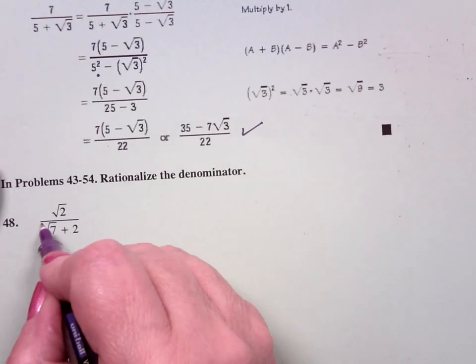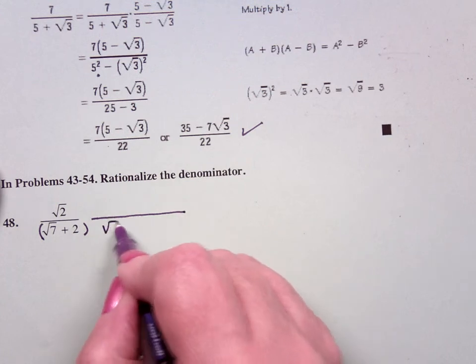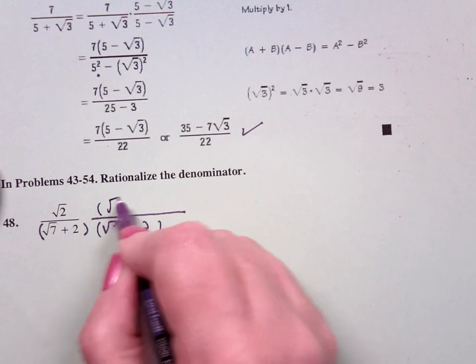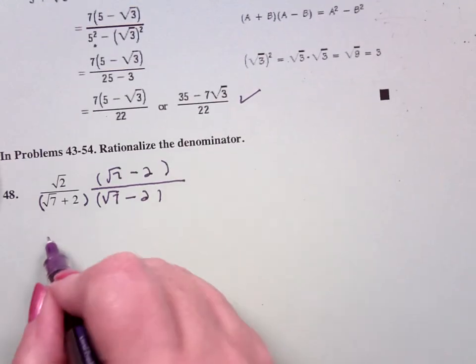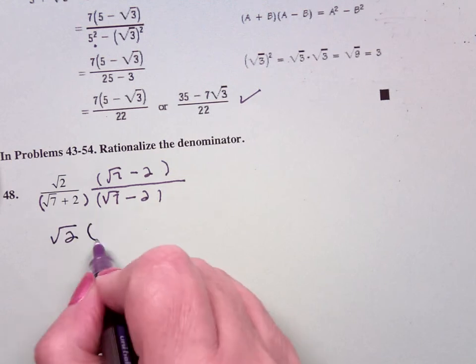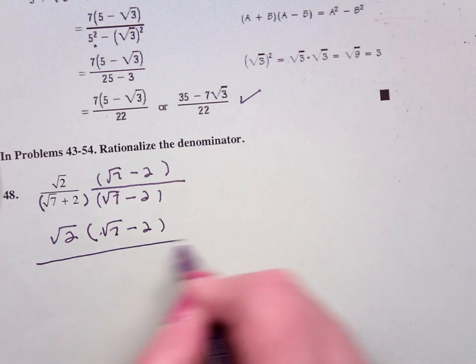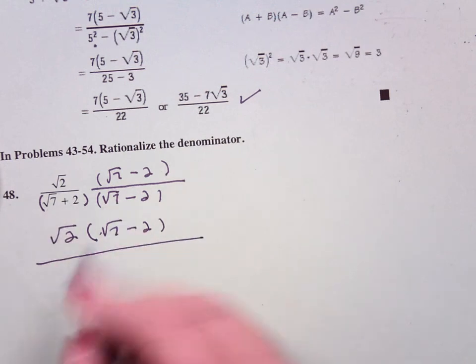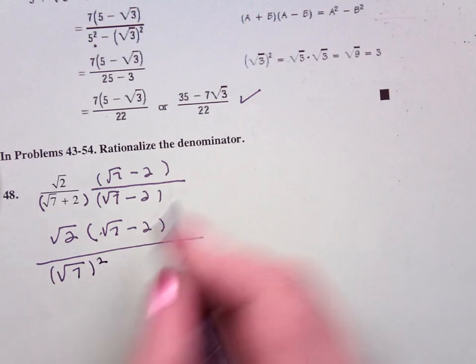In this particular instance, the conjugate will end up being the square root of 7 minus 2, so that you'll have the square root of 2 times the square root of 7 minus 2 over the square root of 7 times the square root of 7, which is the square root of 7 squared.